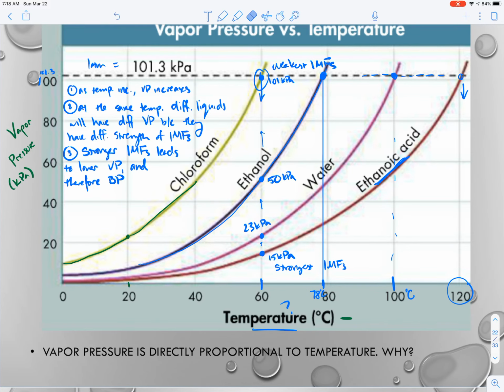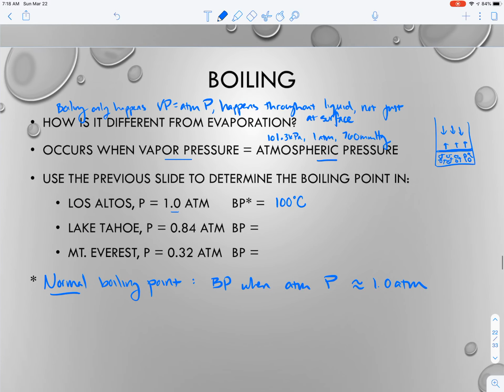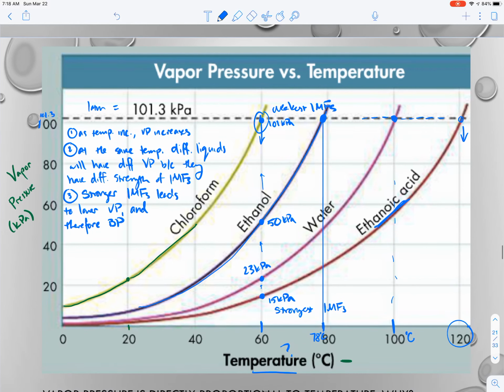Okay, so let's head back down here. So then let's talk about not normal boiling points. So in Tahoe, where the atmospheric pressure is 0.84 atmospheres, what temperature would water boil at? We're looking for the temperature. It's not going to be 100 degrees. When the atmospheric pressure in Tahoe is about 0.84, so that's like maybe here, that means that the vapor pressure of the water does not have to build up as high in order to match atmospheric pressure, because atmospheric gets so much less, right?